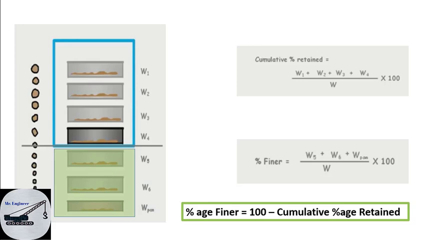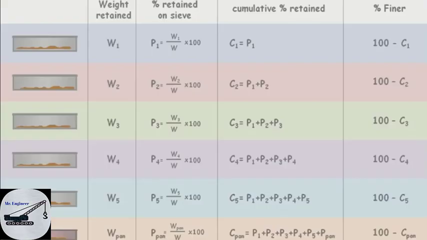Percentage finer of any particular sieve is simply obtained by subtracting the cumulative percentage retained on that sieve from 100% of the soil sample.